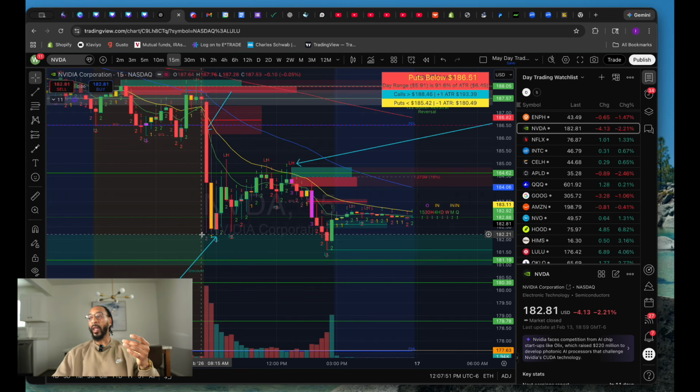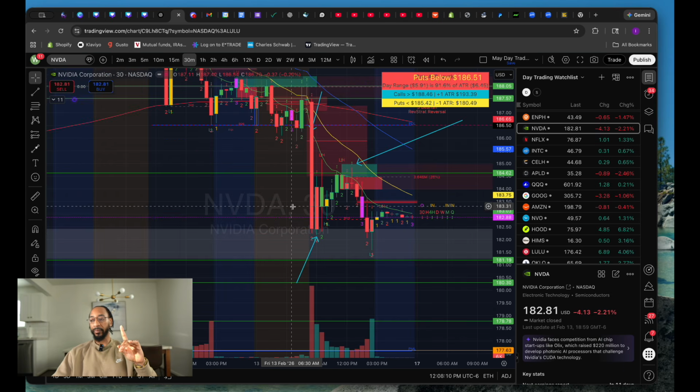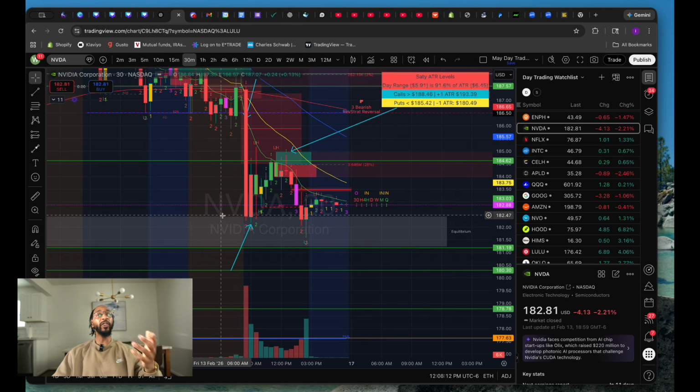It did come down to 182, but it closed at 184.30, pumped up. So if you closed out right here and let runners run, look what happened. You could have got taken out up here if you would have got scared. And then it ended up coming down here, right? But watch this. Go back to the 30-minute. If you day trade, right, you could have just secured profits and then re-entered up here.